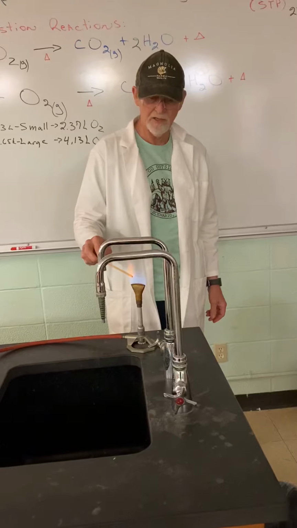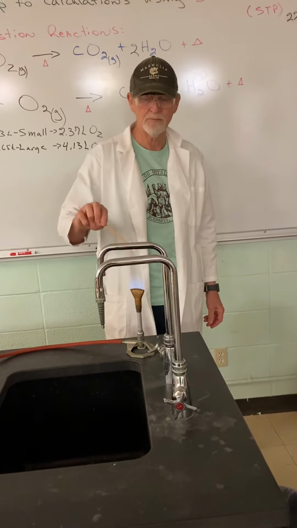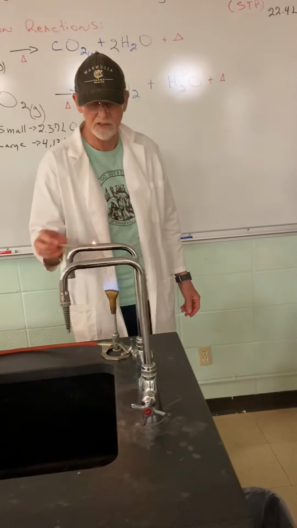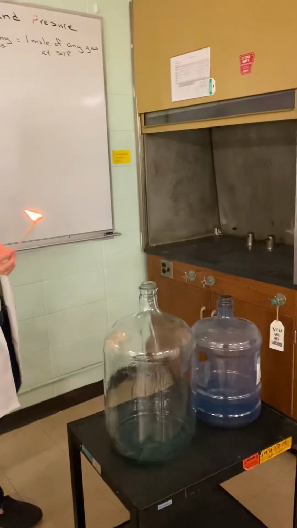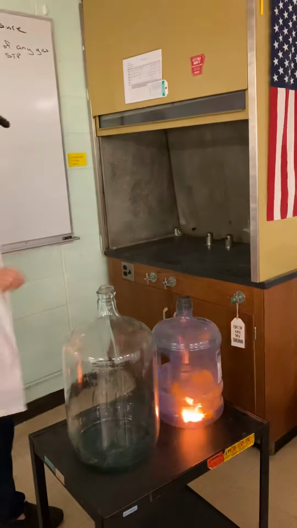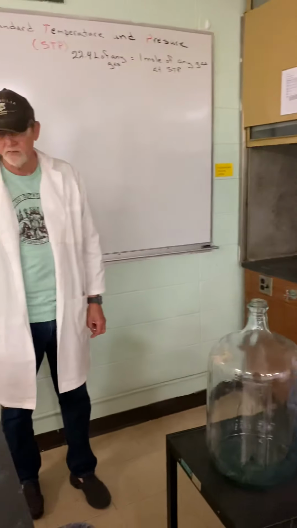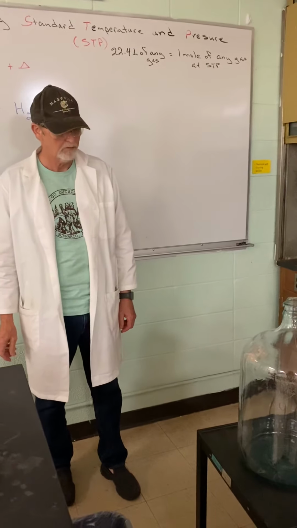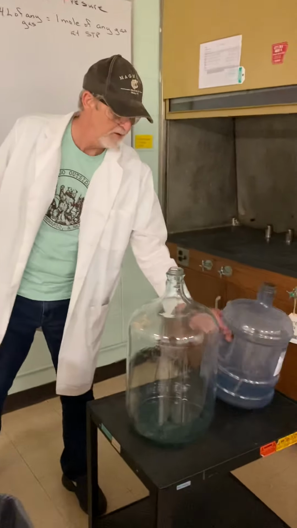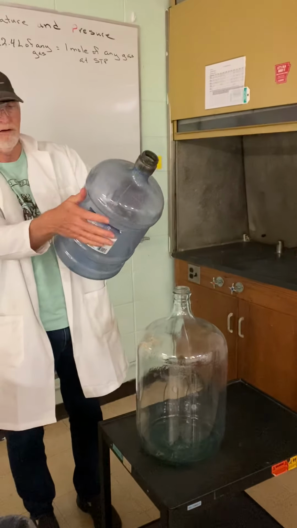I'm going to use this flame, and I'm just going to drop it in because I'm predicting it's going to shoot flames out the top. That did a little bit. Reaction, we feel some heat here.